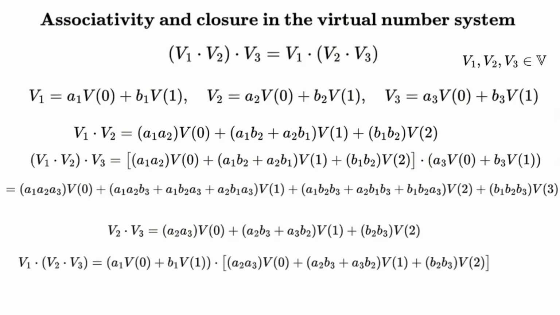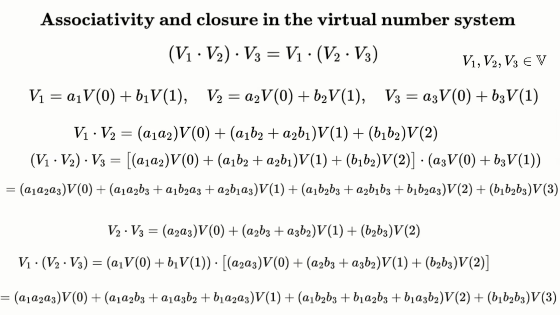When we compute v1 times the product of v2 and v3, we get a1 times a2 times a3 times v of 0, plus (a1 times a2 times b3, plus a1 times a3 times b2, plus b1 times a2 times a3) times v of 1, plus (a1 times b2 times b3, plus b1 times a2 times b3, plus b1 times a3 times b2) times v of 2, plus b1 times b2 times b3 times v of 3. Notice anything familiar? Yep, this looks almost identical to what we got earlier.